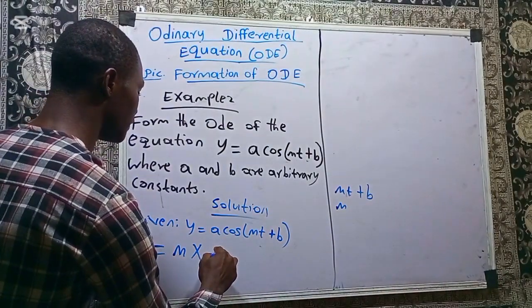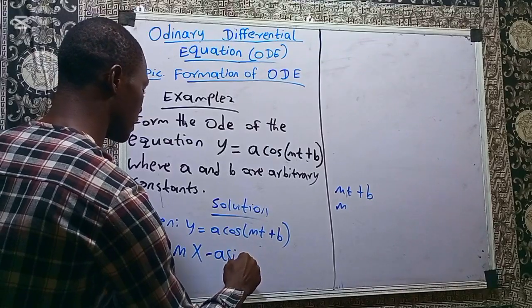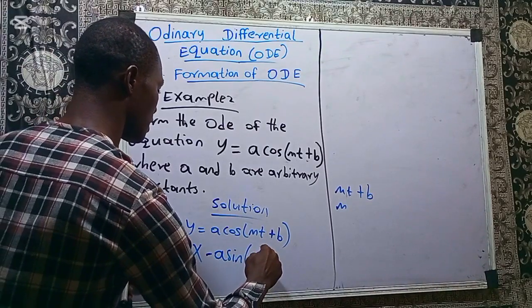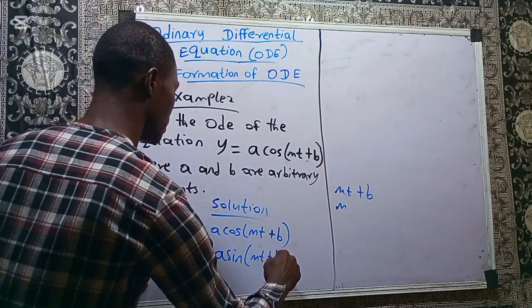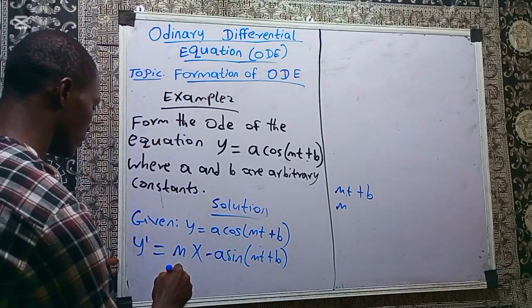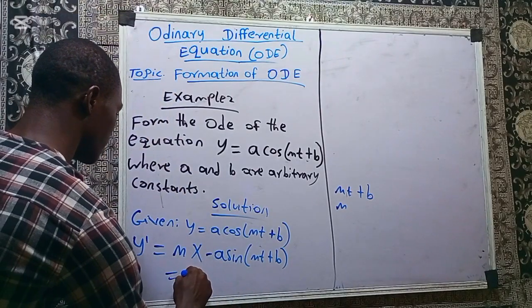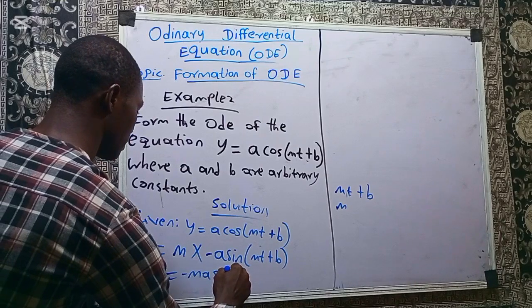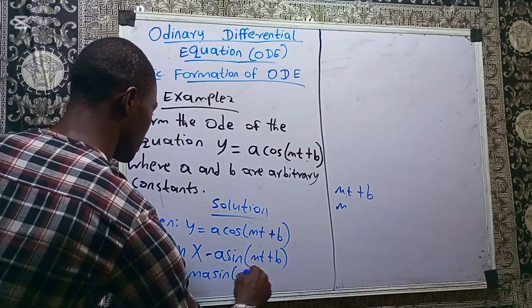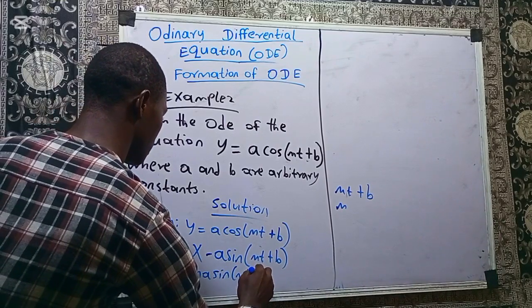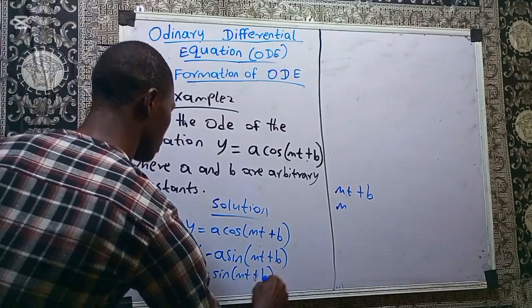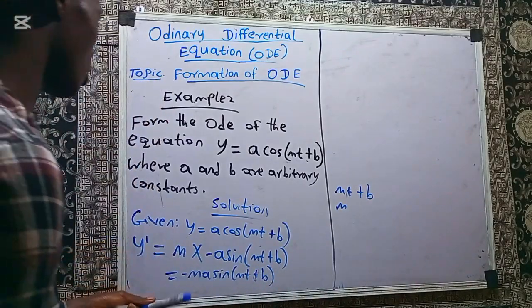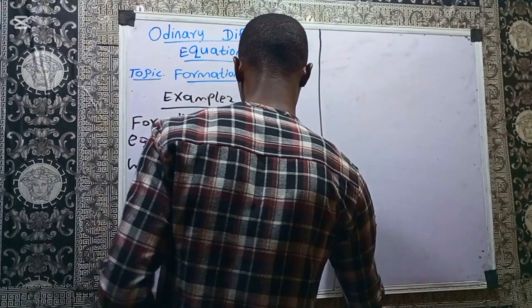You have negative a sine of mt plus b, right? Which is negative ma sine of mt plus b. So this is the result we got, right?